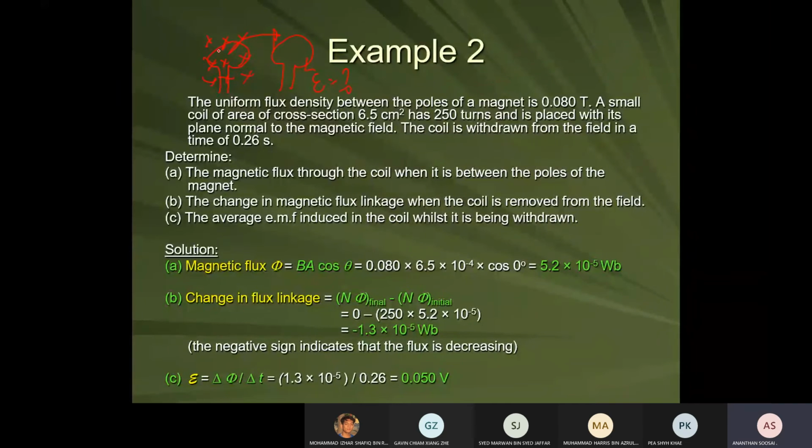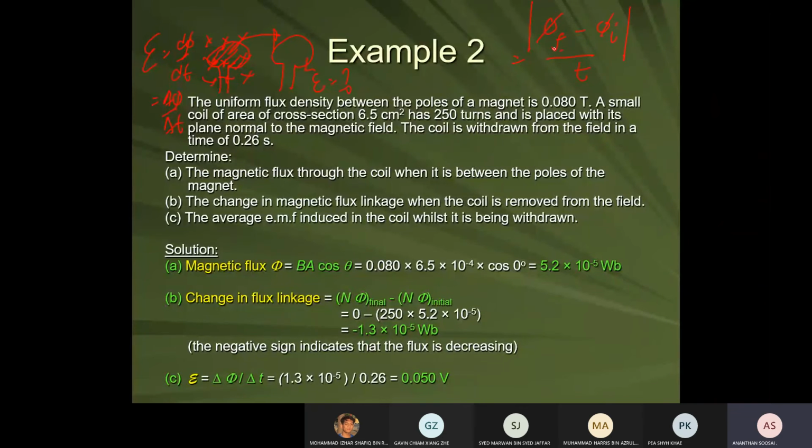So how much is the flux change? The induced EMF is d psi over dt, or in other words, change of flux over change of time. So final flux minus initial flux over time. Cambridge likes to put the final flux minus initial flux as a modulus, to make it always positive.